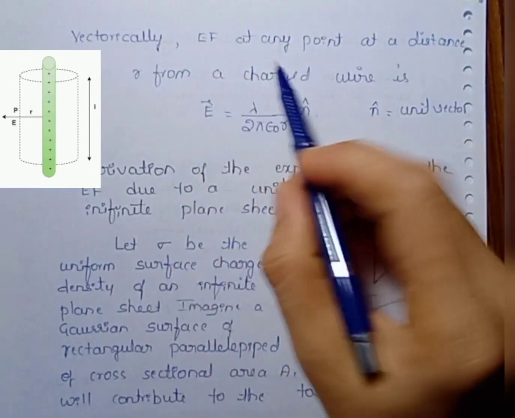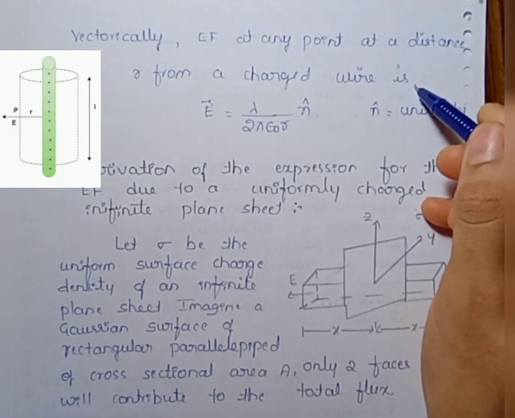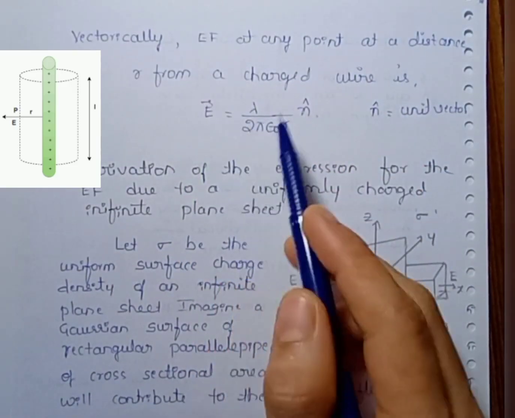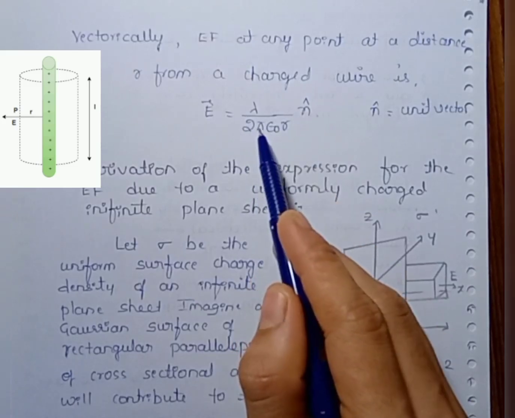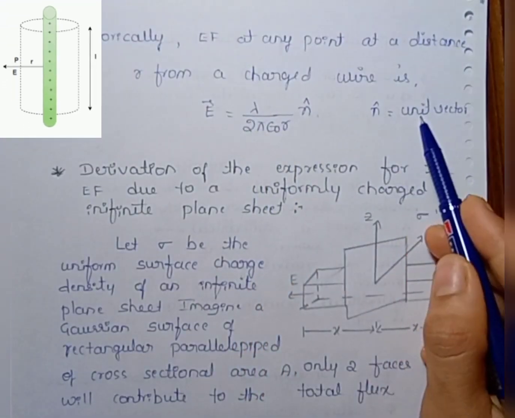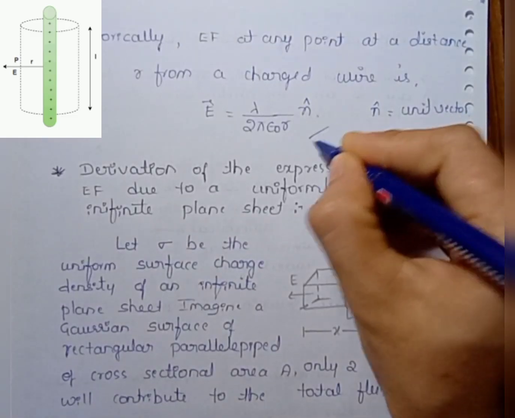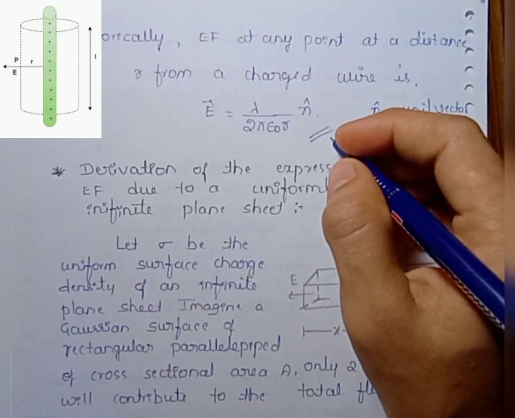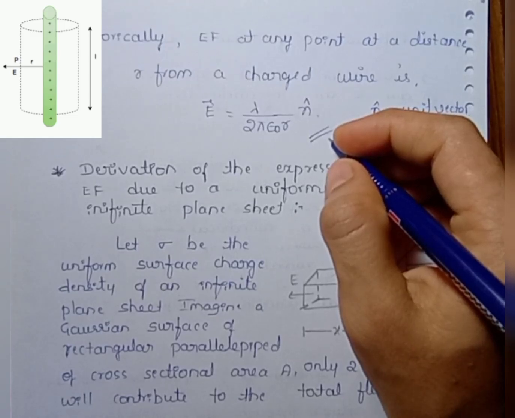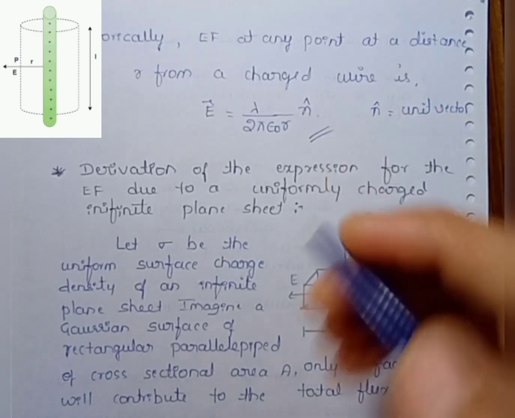Vectorially, the electric field at any point at a distance r from the charged wire can be written as E is equal to lambda divided by 2 pi epsilon naught into r n cap. Here n cap is the unit vector. Up to here was the derivation for the electric field due to a long straight charged wire.